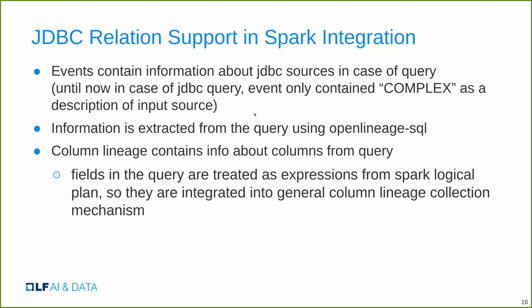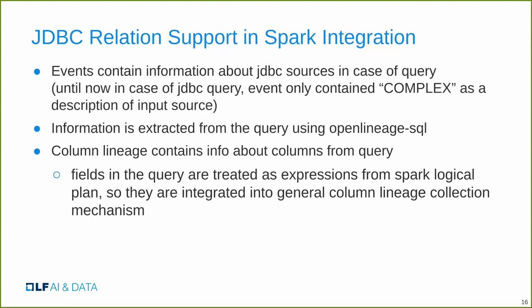Later we got the SQL parser, which is the Rust library that we some time ago integrated into OpenLineage. With that, we are able to parse the information from the query, and give more information about the data source and about the column lineage.